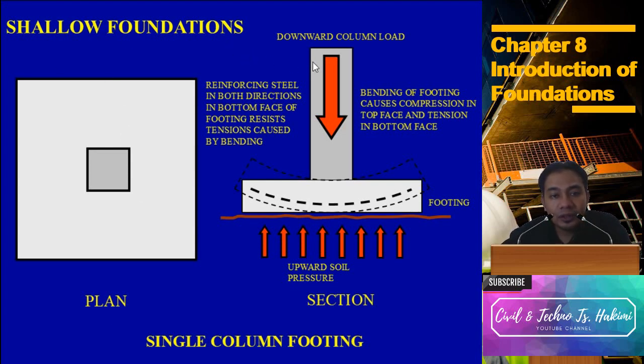How does the shallow foundation work? This is the plan, a single column footing. This is the downward column load, the load from the building transferred to the foundation. When load is transferred to the foundation, it will bend because of the load from the building.